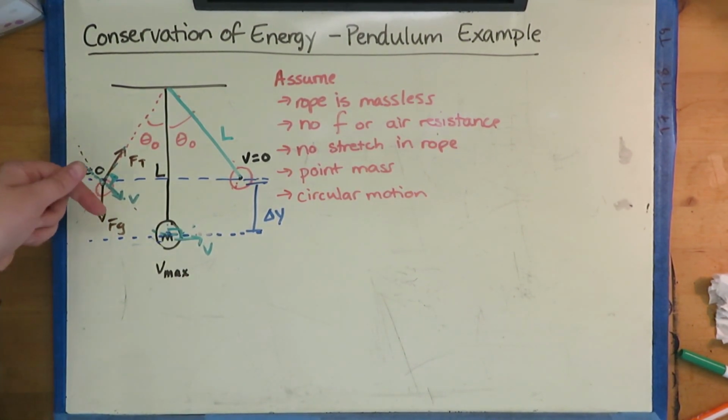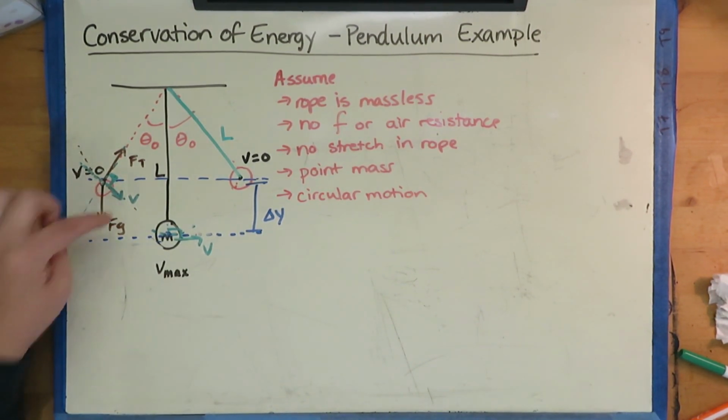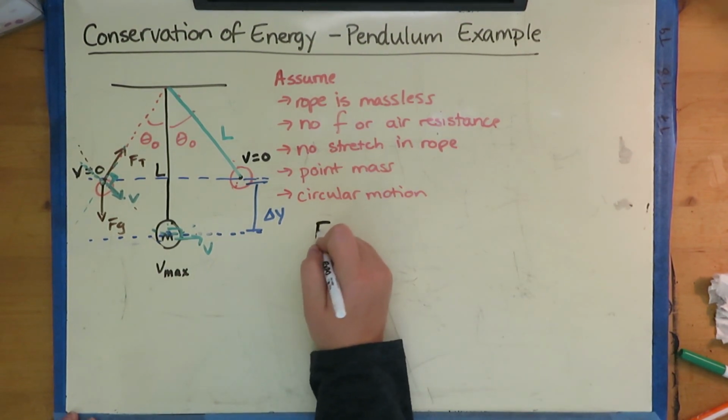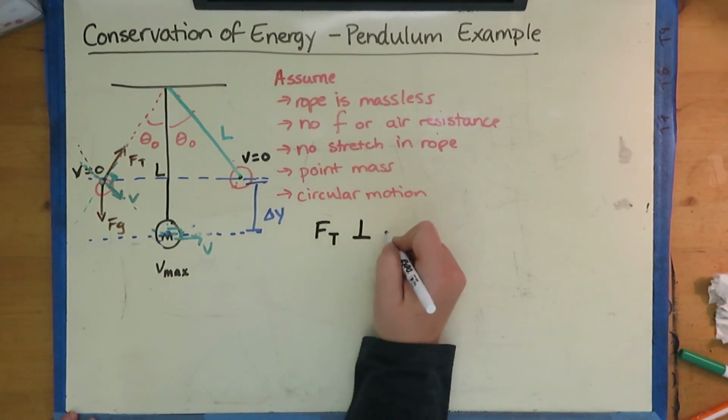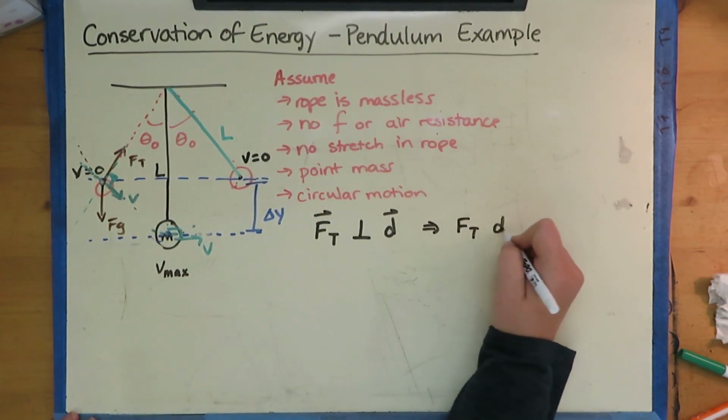So my displacement's always in the direction of my velocity. If my velocity and displacement are in the same direction, and my tension is always perpendicular to my velocity, that means that my tension is always perpendicular to my displacement, which means my tension does no work.